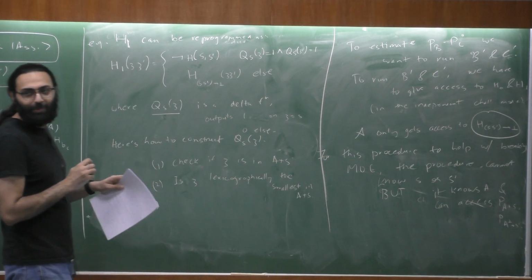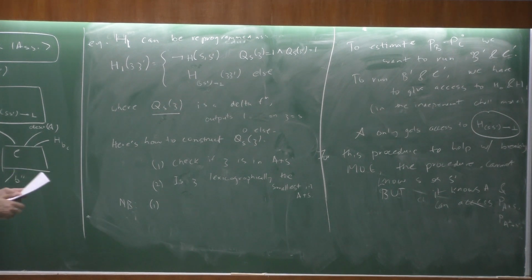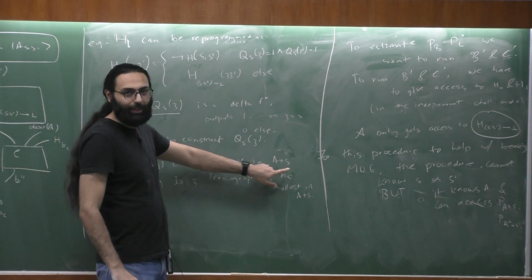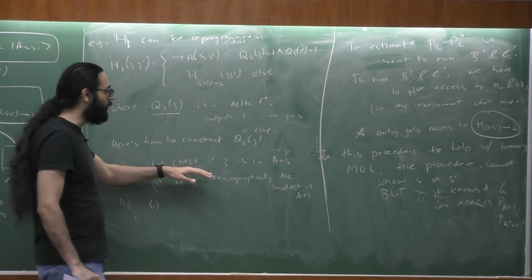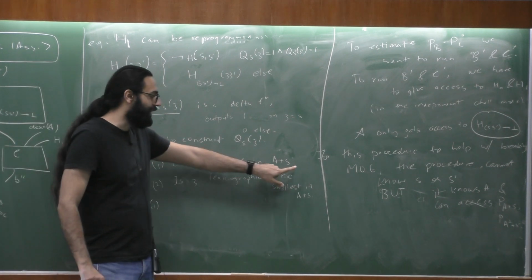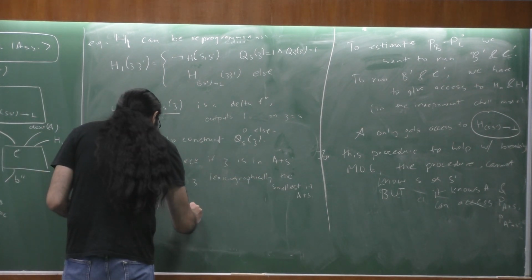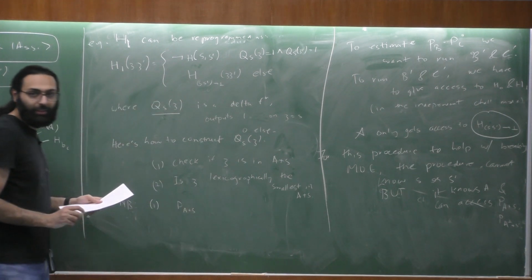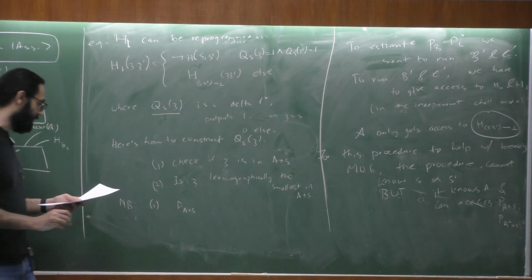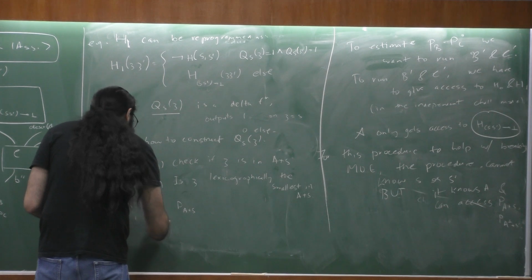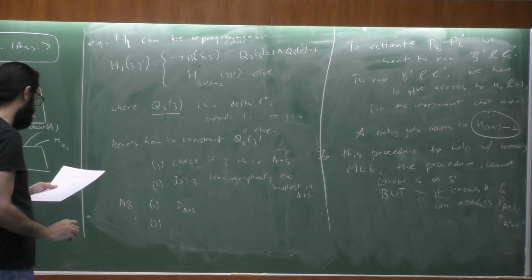That's the whole problem. We just have a classical description of A. Even though you could do it classically if you had the description of S, you don't. But you do have access to the membership oracle, so you can just run it and it will tell you whether or not it belongs to the set.